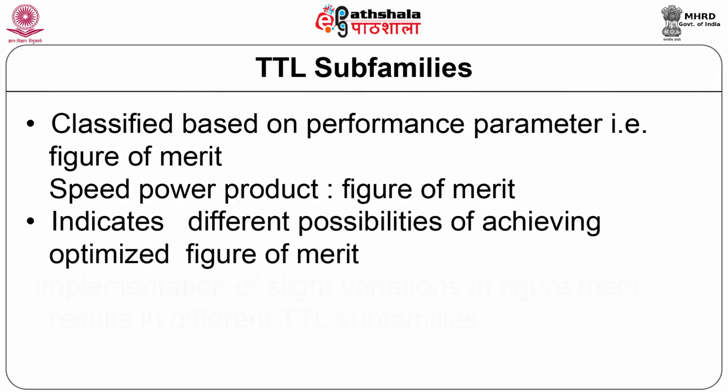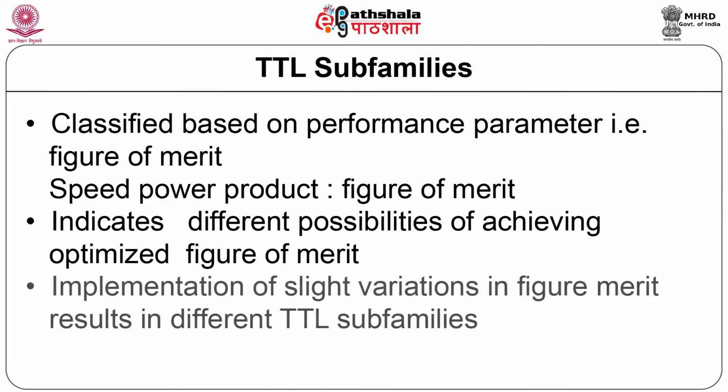It indicates different possibilities of achieving an optimized figure of merit. It can be implemented by using different TTL subfamilies, that is, slight variation in the figure of merit is observed in different TTL subfamilies.